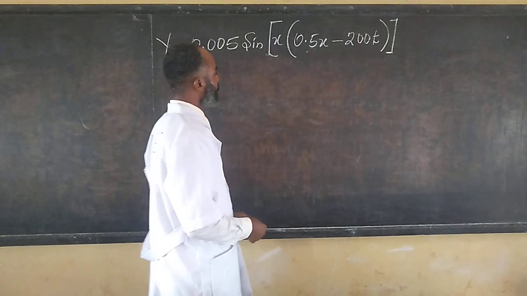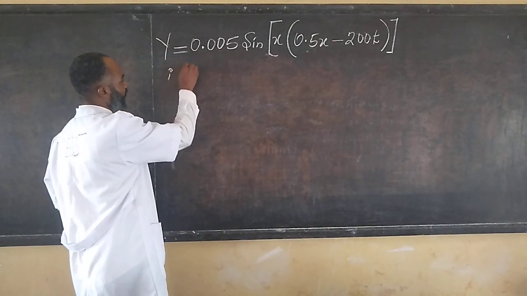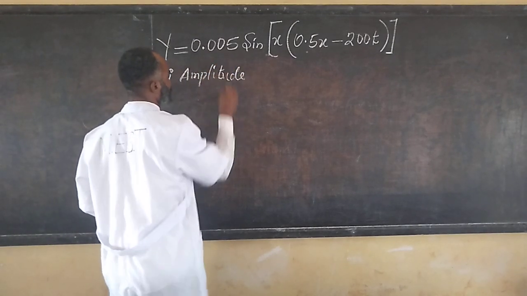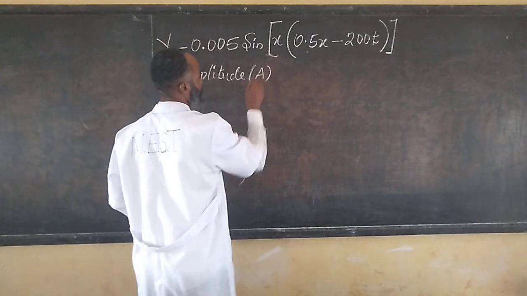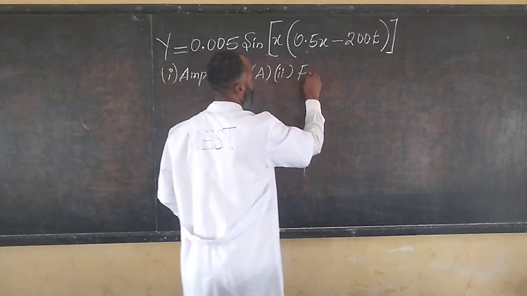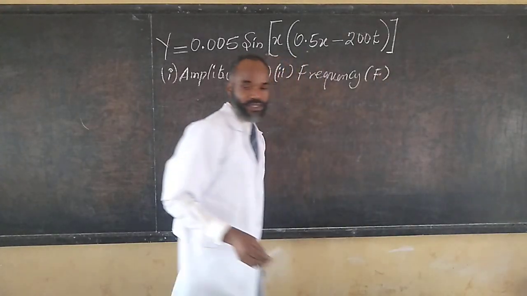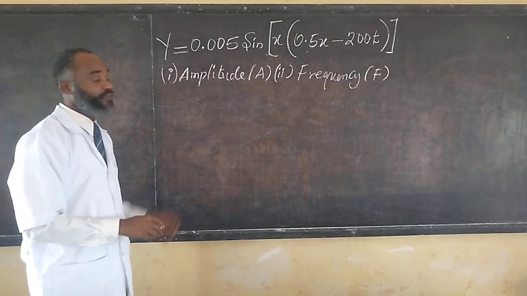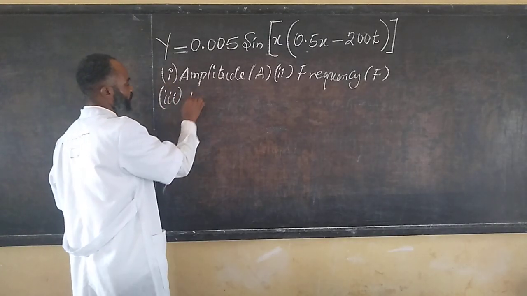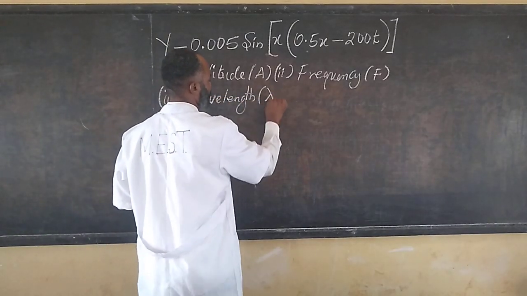Here we are expected to calculate, first, the amplitude A. The second is the frequency F. The third one is the wavelength, lambda.